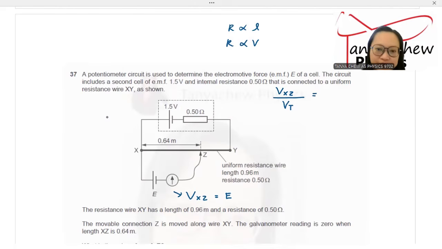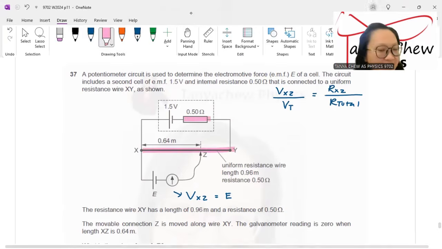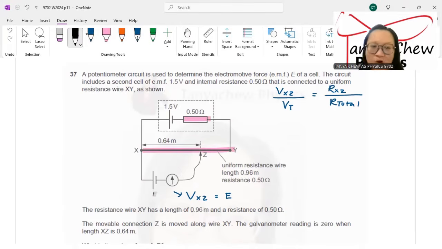I am going to find the resistance across XZ over R total. Where do I get my R total? These are all my R total. Now, it seems like I don't have the resistance of X and Z, but I can use the length to find the resistance, right?